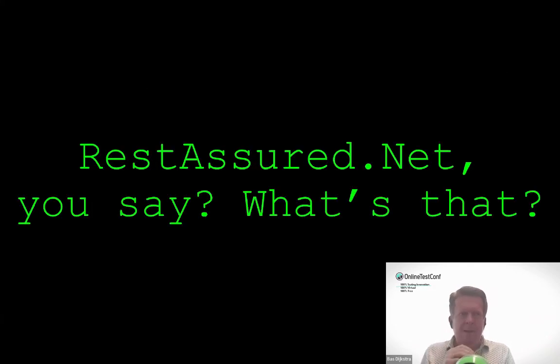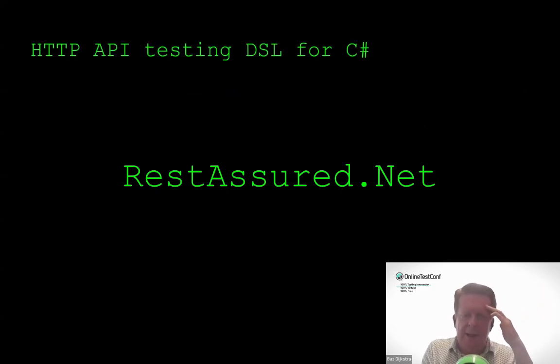First of all, very briefly, restassured.net, you might have heard of it, you might not have heard of it. For those of you who haven't, it is my pet project. It is an open source project that I started about 3 years ago because I'm a big fan of Rest Assured, the Java HTTP API testing library. And over the last couple of years, I found myself doing a lot of work in the C Sharp and .NET space.